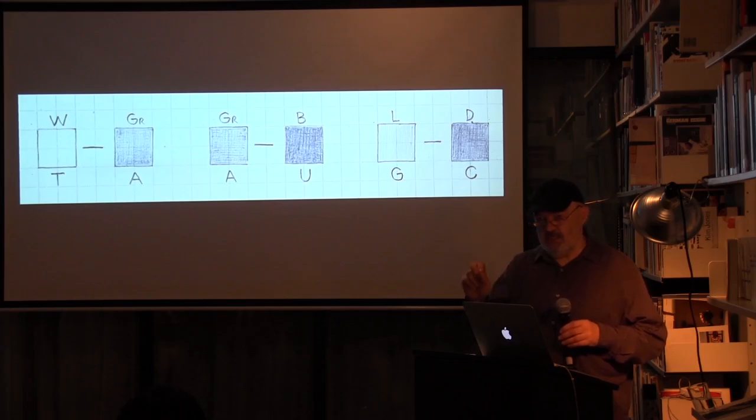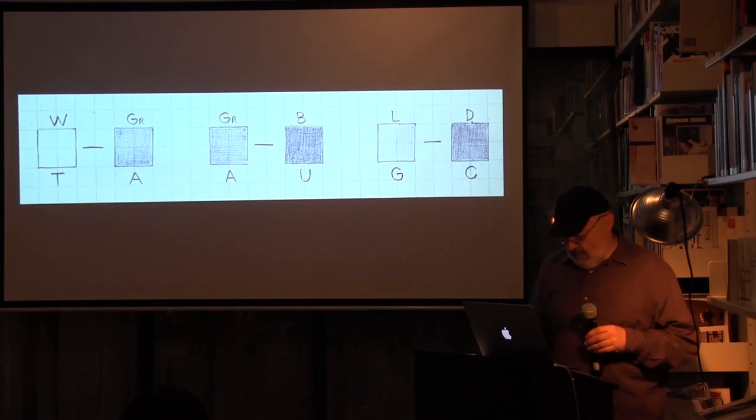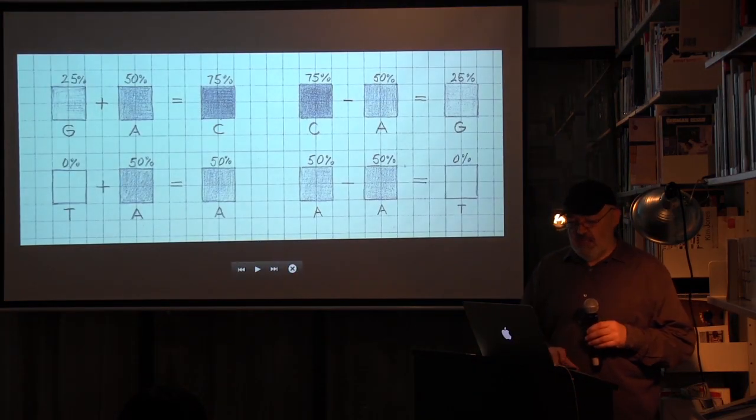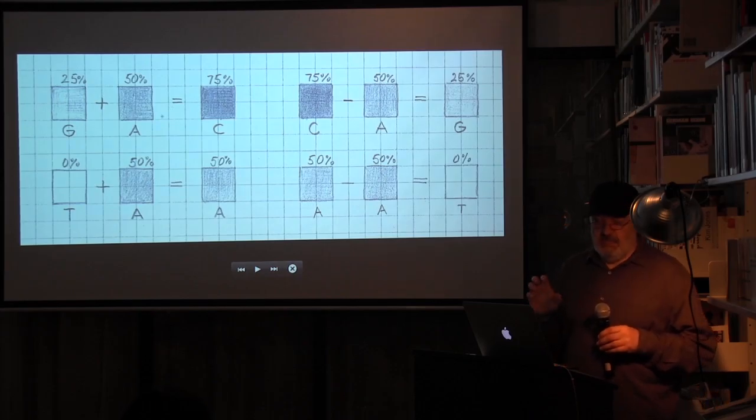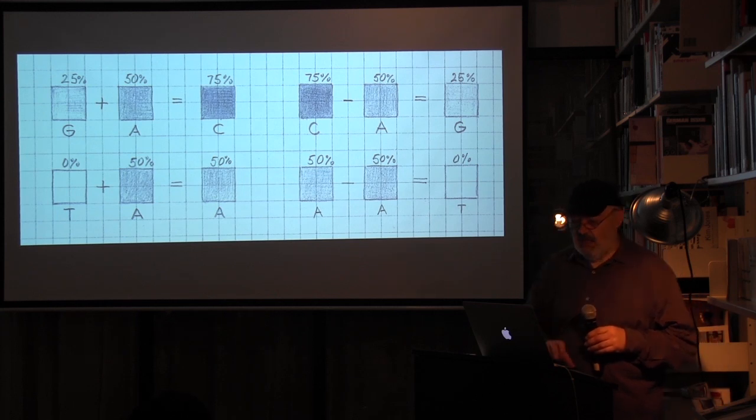It's an exchange. If G and C are a base pair, the transaction from G to C is addition of 50%, which means addition of the symbolic value of adenine.